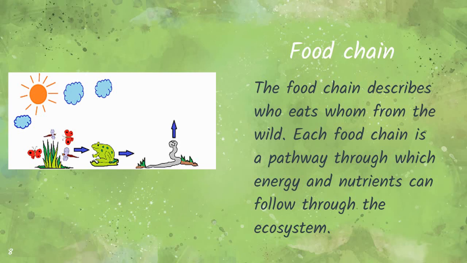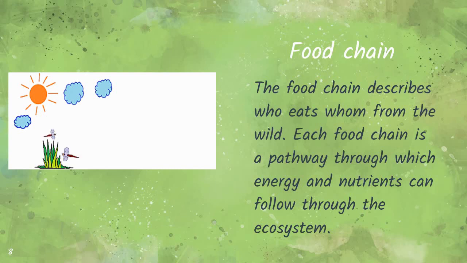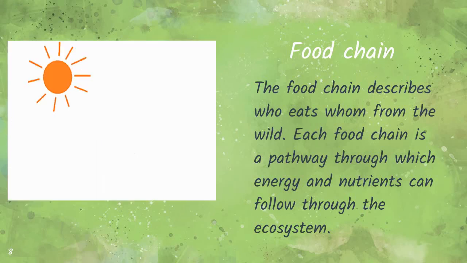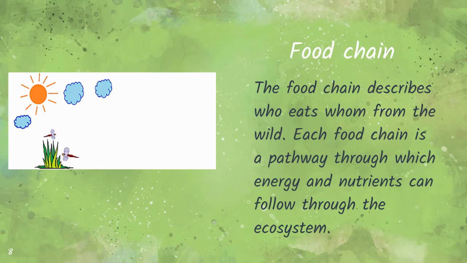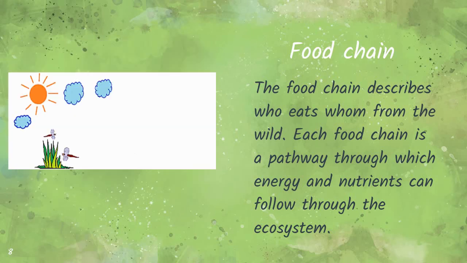The frog is then eaten by the snake, and at last we know that the eagle comes and consumes the snake. This is an example of how a food chain functions and how the energy is transferred from one organism to the next.